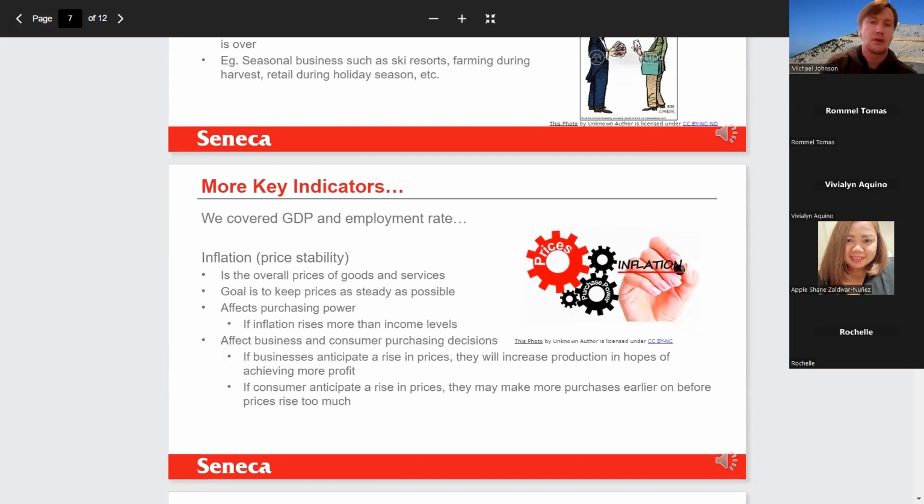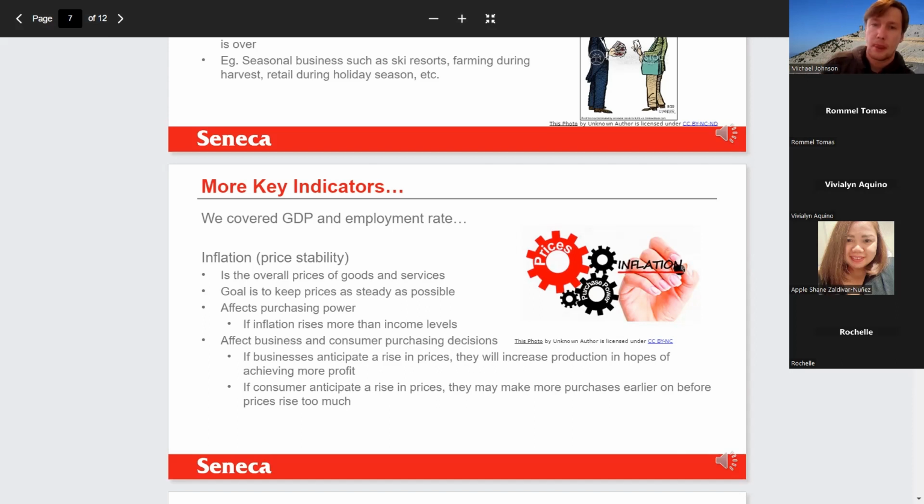Inflation, price stability, is the overall price of goods and services. The goal is to keep prices as steady as possible. It affects purchasing power. If prices go up, you can purchase less for each dollar, so your dollar doesn't provide as much value.